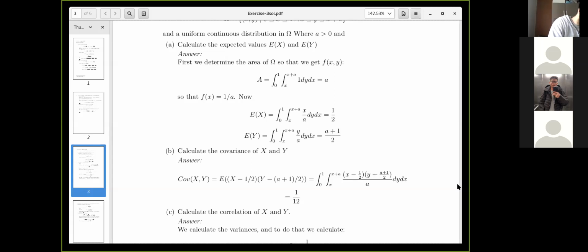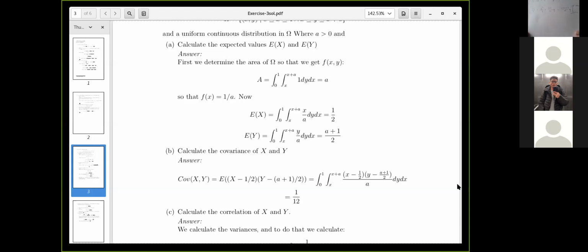And then it comes down to x y squared over 2 minus y squared over 4 plus a plus 1 y minus... So you get something that looks a bit like this.